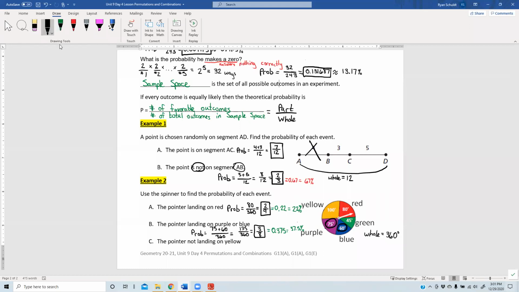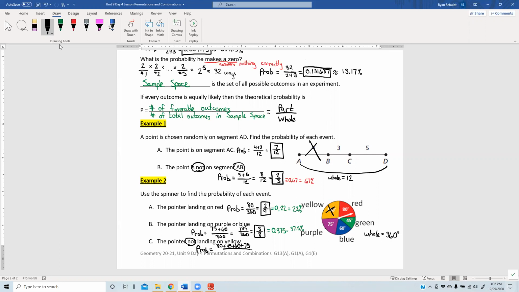Okay, and the last one. The probability of not landing on yellow. So I don't want yellow. I want everything else but yellow. So we can say that's probability is 80 plus 45 plus 60 plus 75.